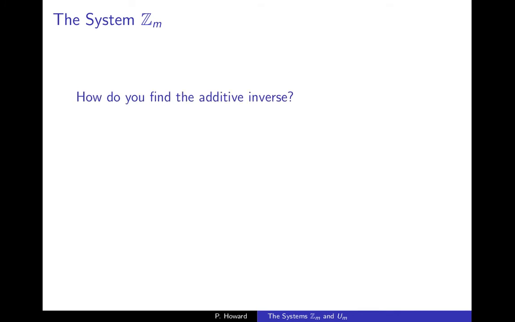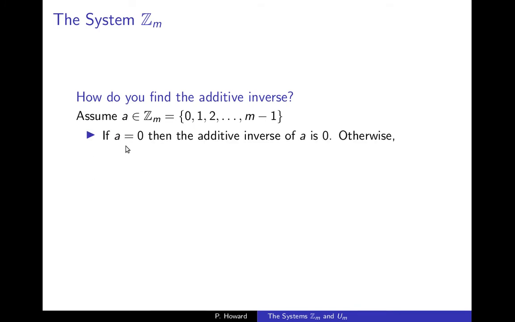So how do you find the additive inverse of something in Z sub m in general? Assume you have an a in Z sub m. Remember, this is the set of integers 0 through m minus 1. Well, if a is 0, then the additive inverse of a is 0. This is the easy case.